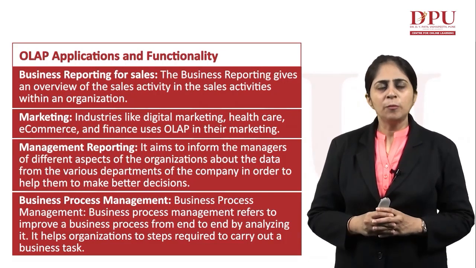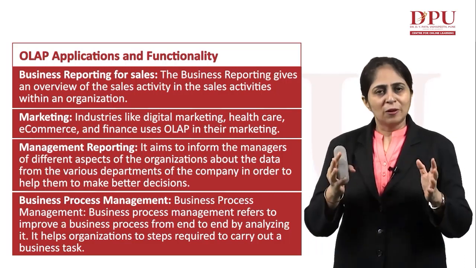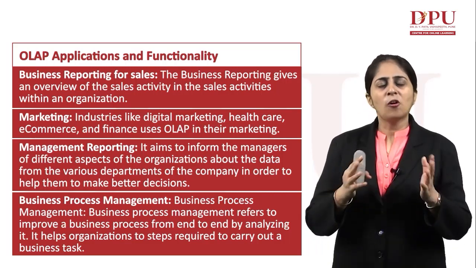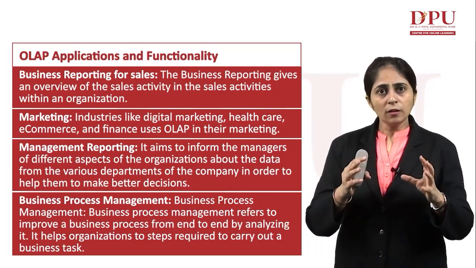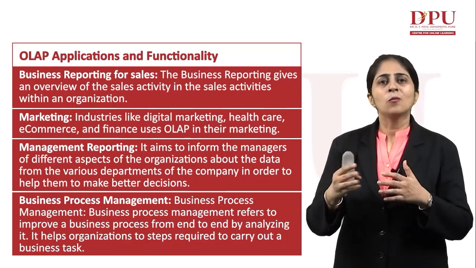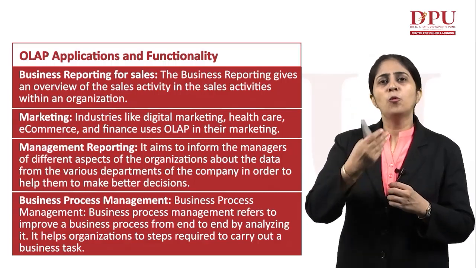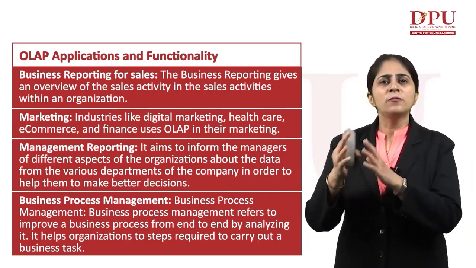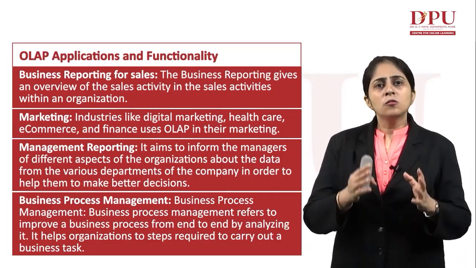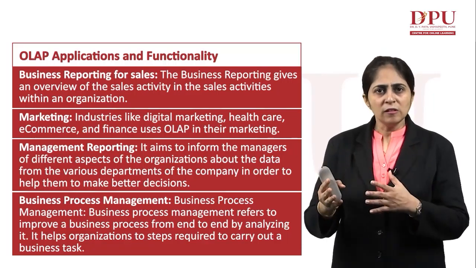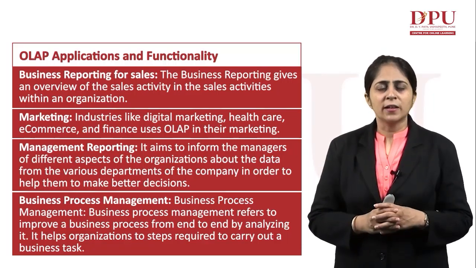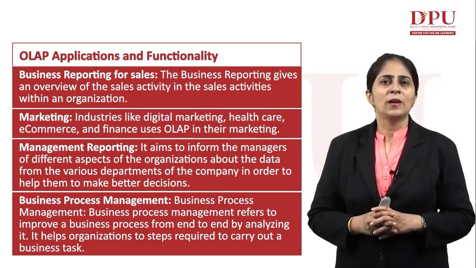Now, how can we improve these business processes? For improving them, we need to analyze all the processes. We need to record what is happening, what we are doing with each process, how we can give more input to improve this business process. So, to improve our business process by analyzing it properly, we require our OLAP.